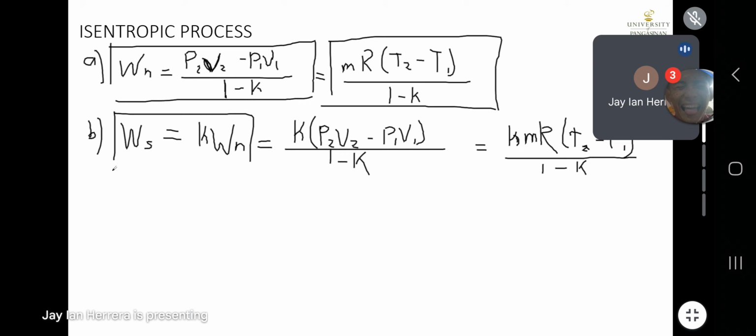So any of these formulas will do in order to solve our work steady flow.